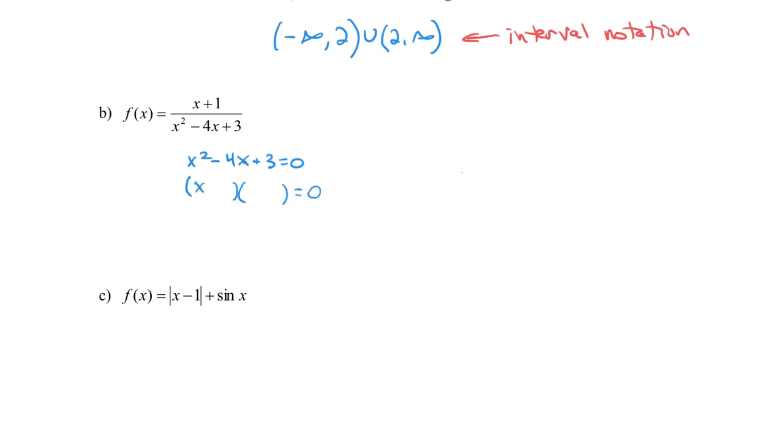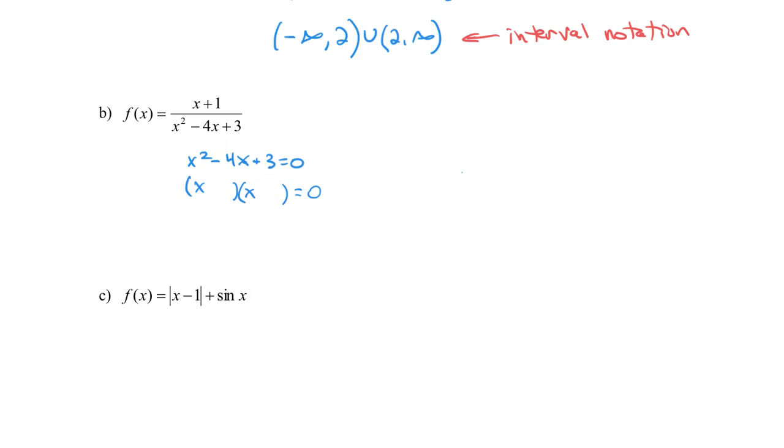So what I'm going to do is the guess and check or the standard method, where you basically do the FOIL method backward, right? The FOIL method is the method we typically learn to multiply binomial times binomial. So if you think of doing it backwards to get here, I know that first times first has to be x squared, so I'm putting x and x. Last times last has to be a 3, so there's really no choice here.